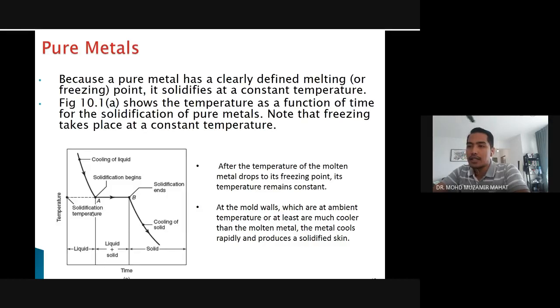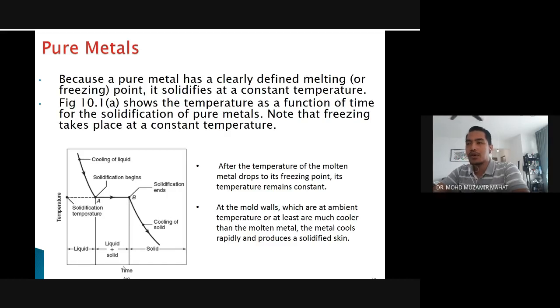If you see, this is happening in the liquid phase. And then when the temperature approaches this line, the liquid will have another phase, which is solid material, from this point to another point, which is point B. So we're having more time.